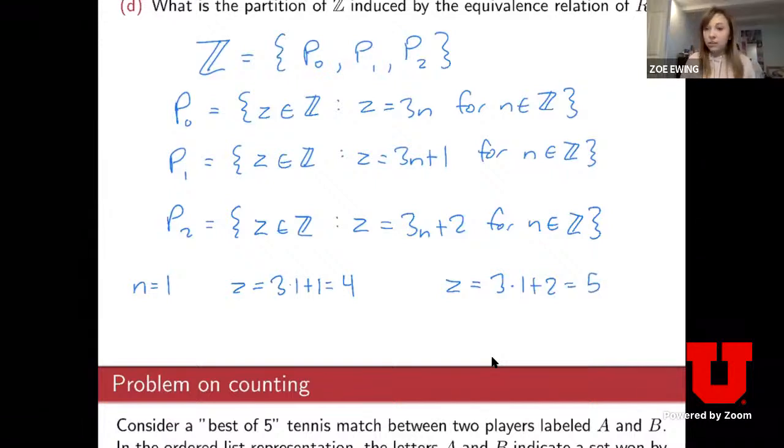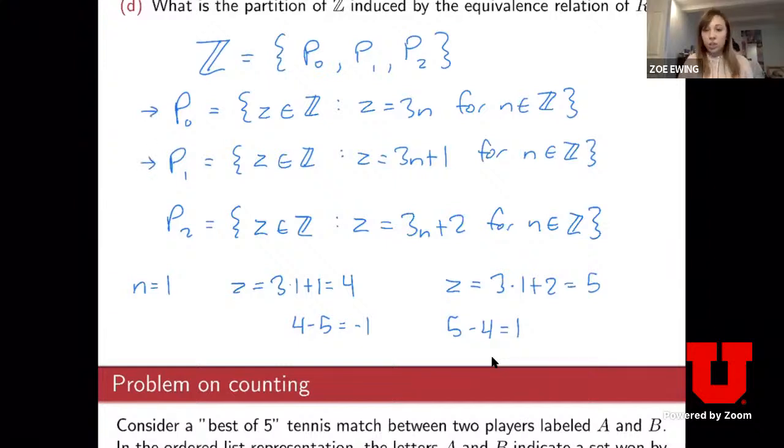So if we did this relation on them, we would have either 4 minus 5, which equals -1, or 5 minus 4, which equals 1. And 1 is not divisible by 3. So that means they wouldn't be in the partition together, because the way partitions work on equivalence relations is that all the numbers in a partition, if you subtract them from each other, will be divisible by 3.